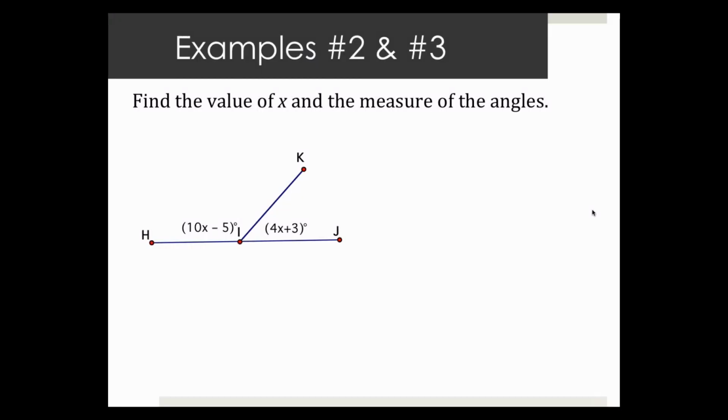Let's try the next one. We didn't talk about this, but what does that little box in the corner mean? The right angle. Okay, good. Solve that one.